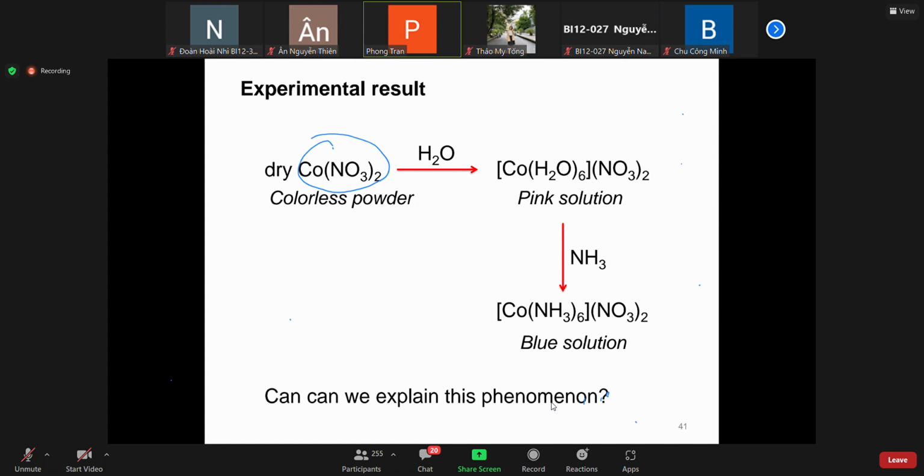Can we explain this phenomenon? Anyone can try to explain. How can we explain this phenomenon? The color changes from the dry compound to the wet compound, and when you drop ammonia water inside, the color changes. How can we explain it?